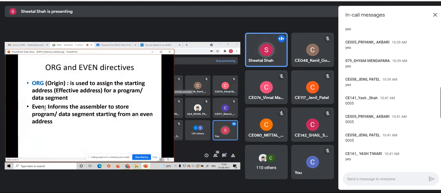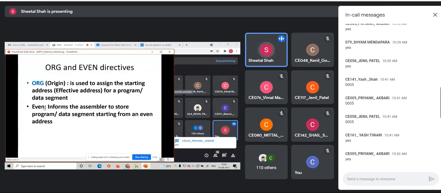So I write n defined byte 5 dup 0, in the next line I write EVEN, then I write n1 defined by 10. If I do so, n1 would have the offset value 6 instead of 5. Understood, all of you? It would be the next even address.